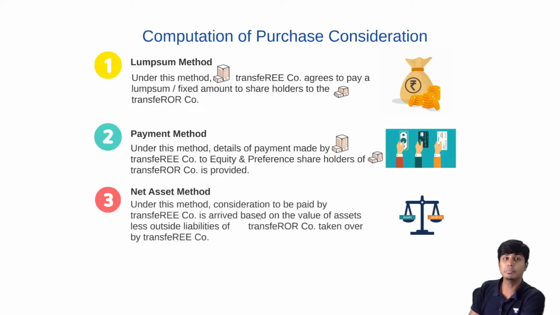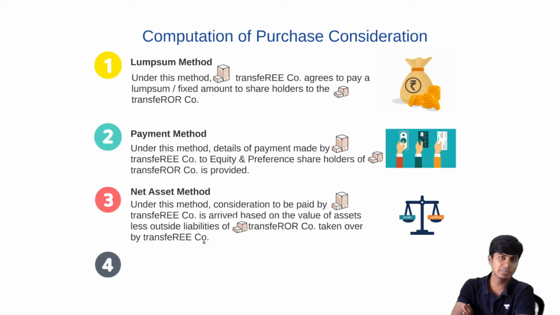In the net asset method, PC is computed as agreed value of assets minus agreed value of liabilities taken over. See here. Under this method, the consideration to be paid by the transferee company is arrived at based on the value of the assets less outside liabilities of the transferor, the small company, taken over by the transferee company.